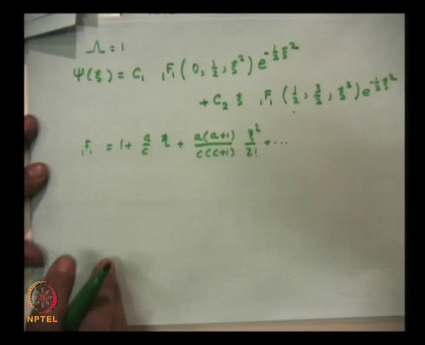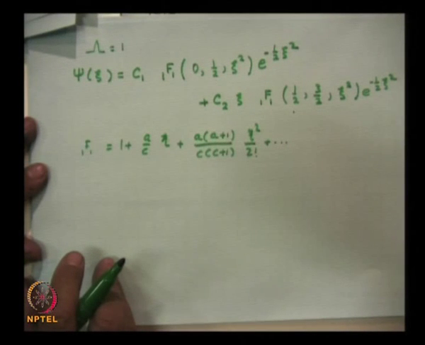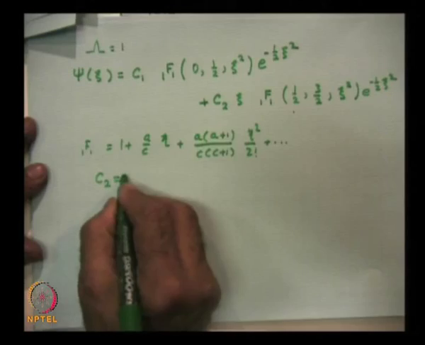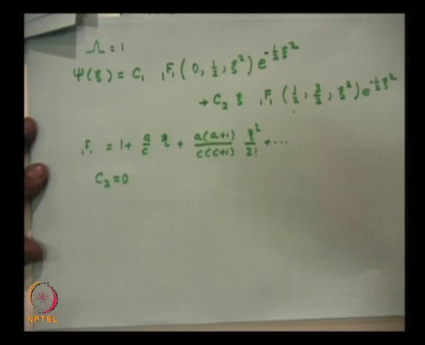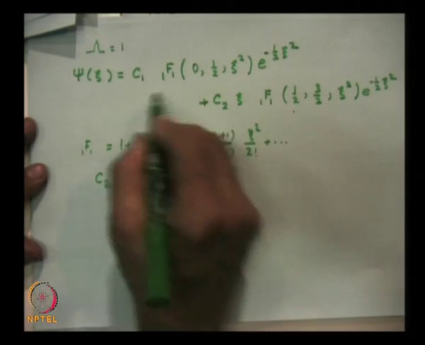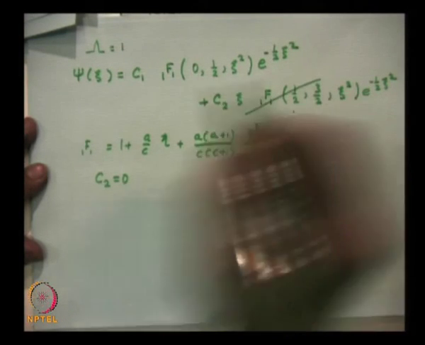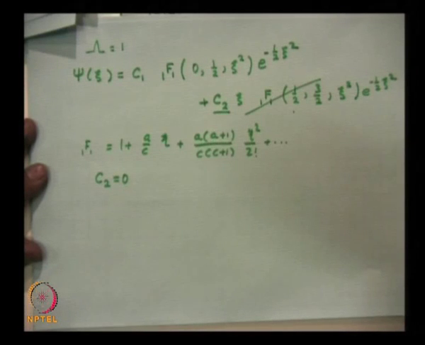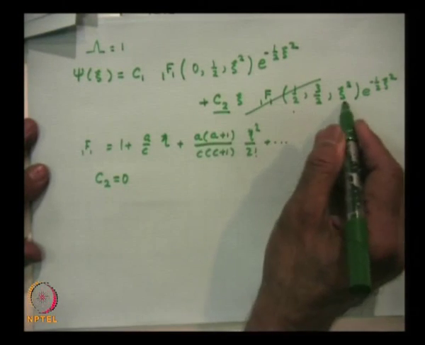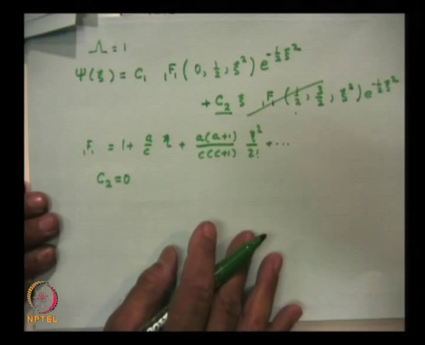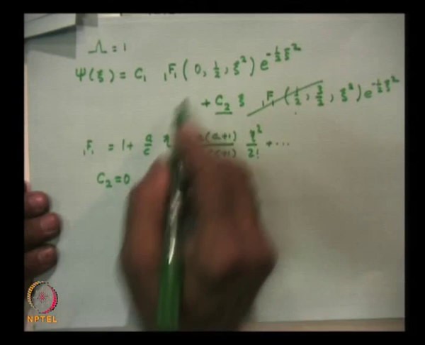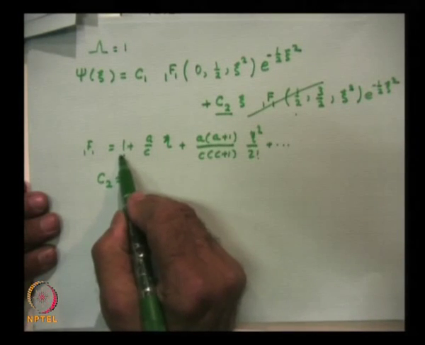So, this will not become a polynomial, and therefore, we must choose C2 equal to 0. And therefore, this we should neglect. We should assume C2 equal to 0, because then this series will become a polynomial, and the first series will be equal to only a is 0. So, only a constant term will survive.